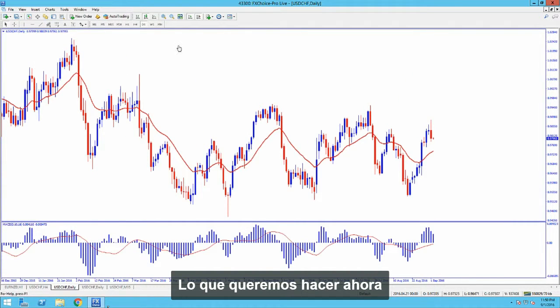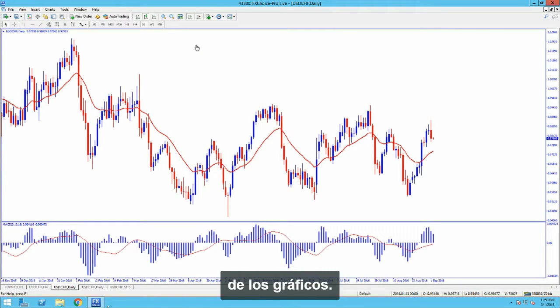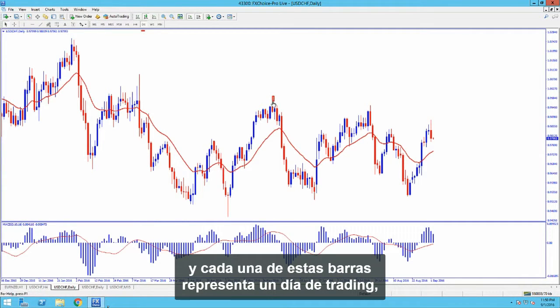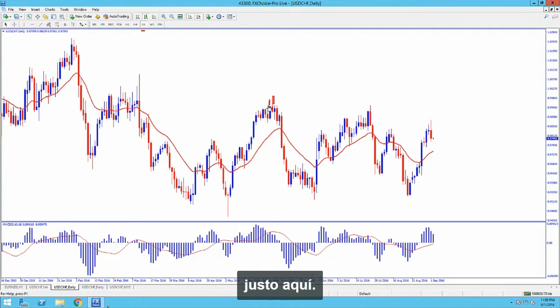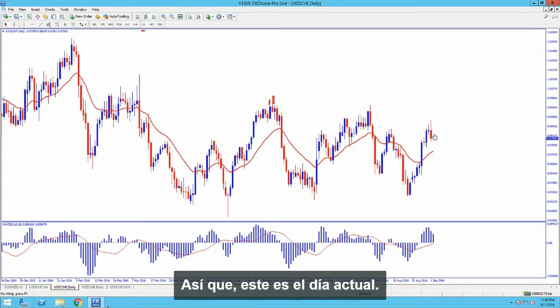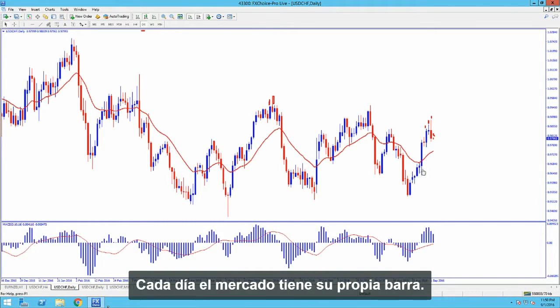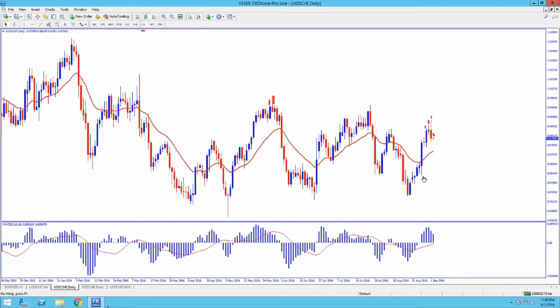What we want to do now is look at the time of the charts of the bars. Let me explain. If we look at D, this means that that's a daily chart, and each one of these bars represents 1 day of trading right there. So this is current day, that's yesterday, that's the day before that. Every day the market has its own bar.